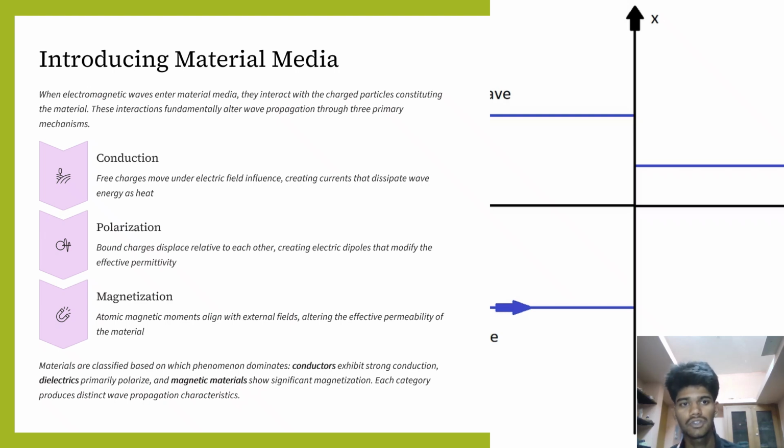Conduction means free charges move under electric field influence, creating currents that dissipate wave energy as heat. In polarization, bound charges displace relative to each other, creating electric dipoles that modify the effective permittivity. In magnetization, atomic magnetic moments align with the external magnetic field, altering the effective permeability of the material.